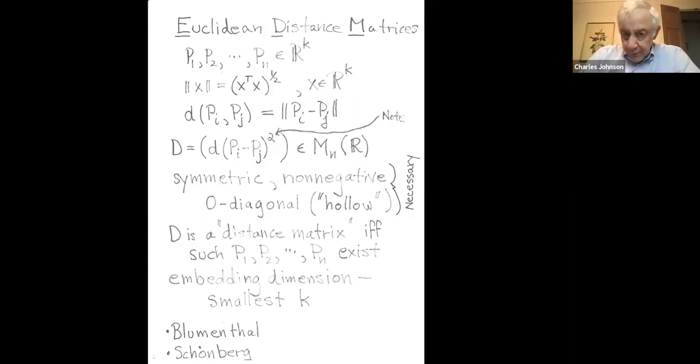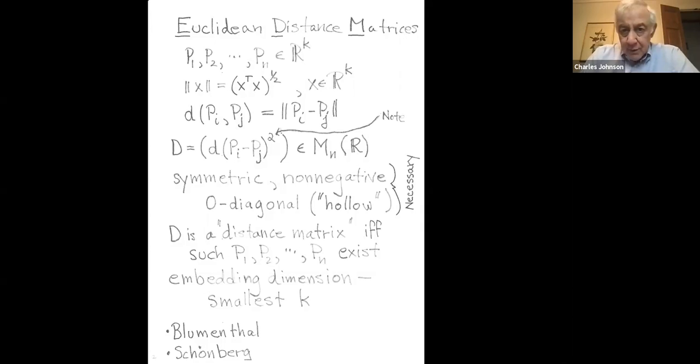Of course, there's another condition, and that's the triangle inequality, which I might have included in this list, but I think it's not necessary. So I'll call D a distance matrix, I should say Euclidean distance matrix, and in fact, I'll use that most of the time. But distance matrix for short, precisely when such a collection of points exists that explains the entries of the matrix.